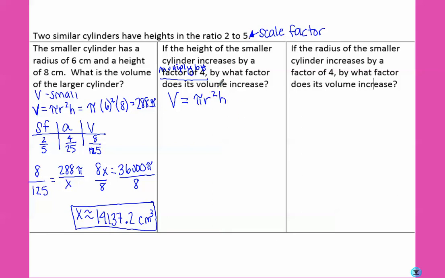And we're saying that we're going to take our h and multiply it by 4. Now in math, you can multiply in any order. It's commutative. So this section right here is still our volume, and this would be our volume times 4. So we're just multiplying the volume by 4, which means the volume also increases by a factor of 4.